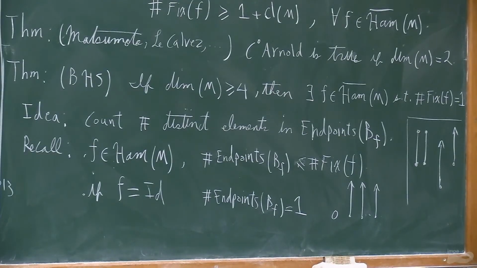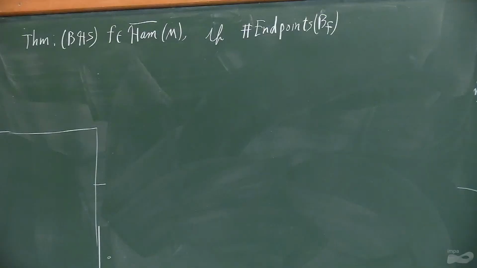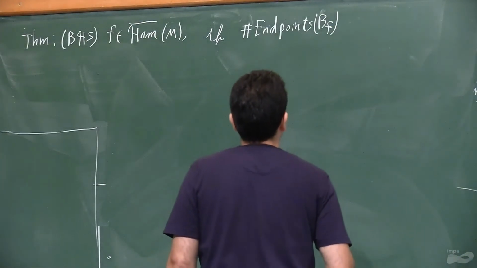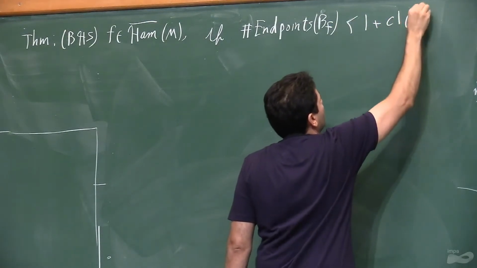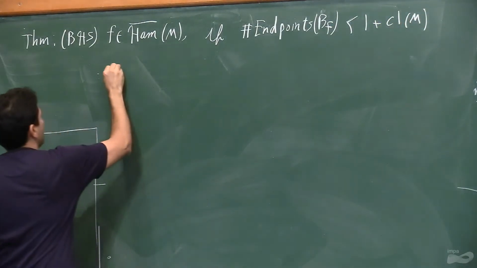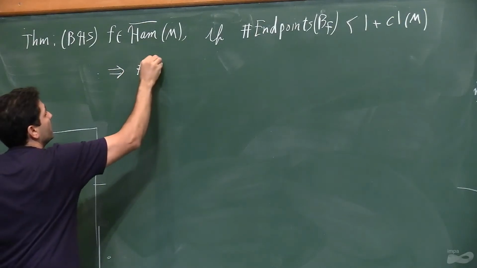So it makes sense. If the number of endpoints gives you the lower bound for Arnold, we say we're happy. If that violates the lower bound, so if this is less than 1 plus cup length of M, then we can show that the number of fixed points of F is actually infinity.